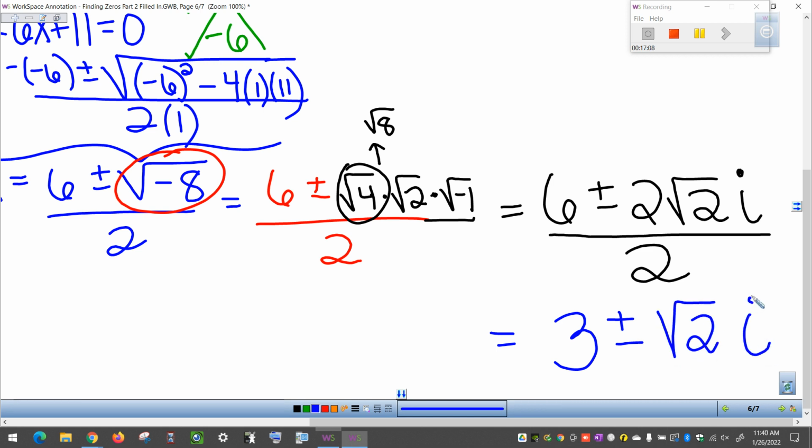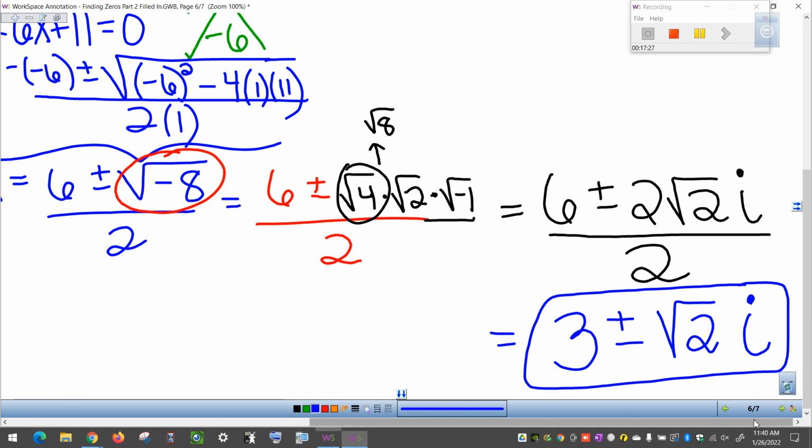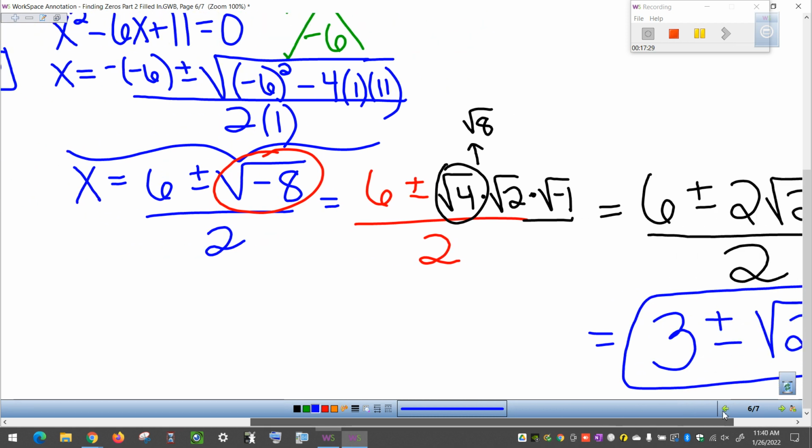You can put the i in front of the square root symbol, or you can put it at the end. But those would be the other 2 zeros right there. So one of them is really 3 plus square root 2i. The other one is 3 minus square root 2i. And then the real 0 that we had at the very beginning was that negative 2.